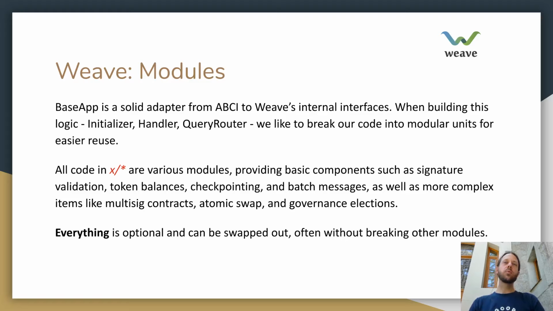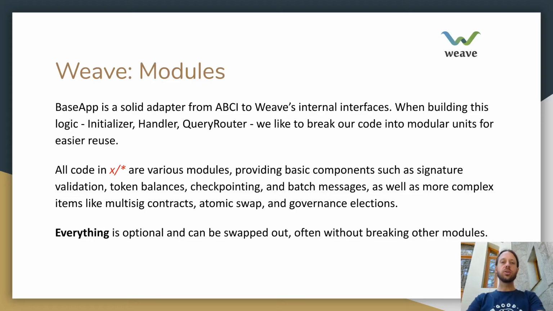Another main point about Weave is it breaks into modules. While BaseApp adapts this into interfaces, we get these giant high-level interfaces like initializer and handler. We don't want to implement one giant handler to have all the logic of the blockchain. Instead, we break them into modular units for easier reuse.